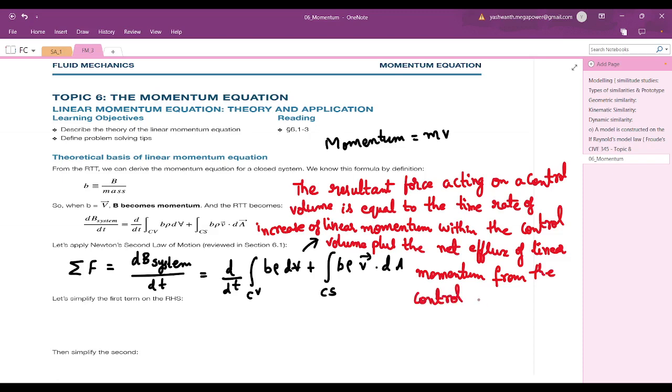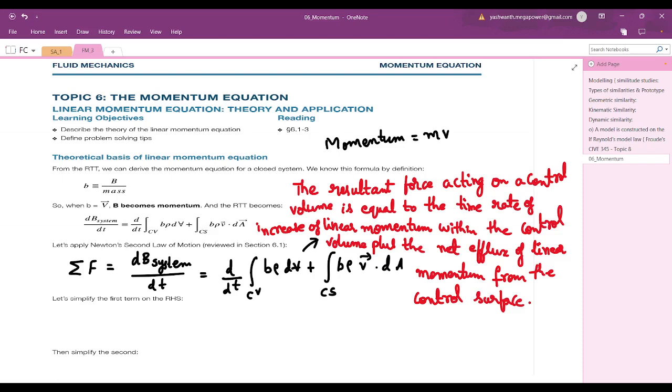Clear now? Whatever we have discussed in mathematical form, I have put into a statement. Can you please read out the statement I have written?